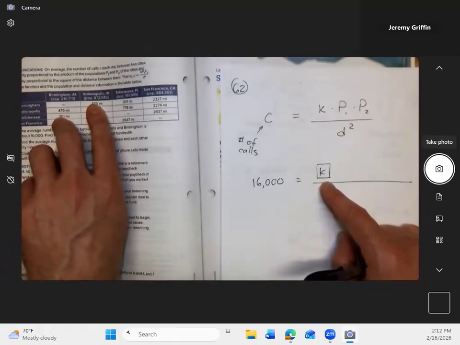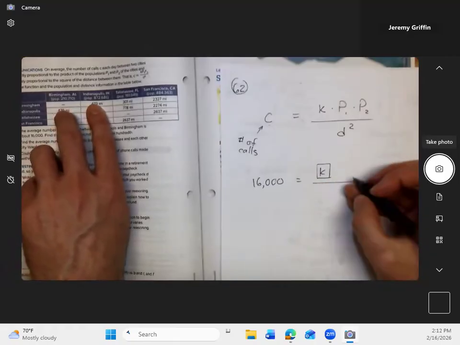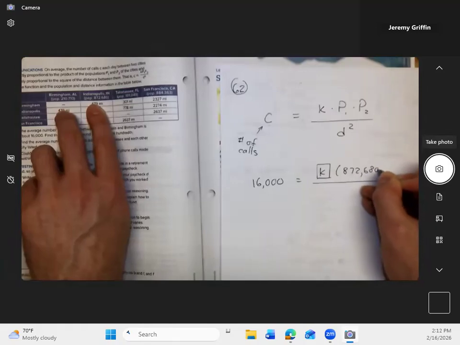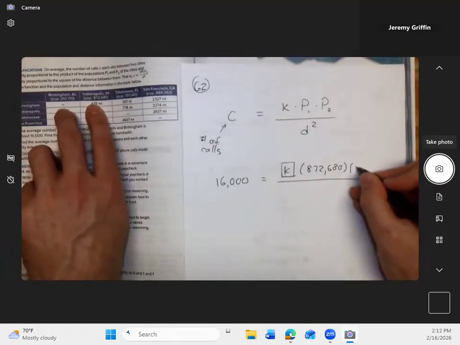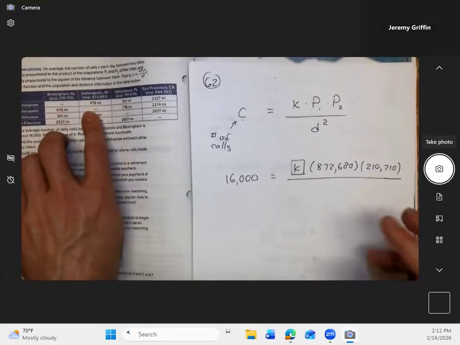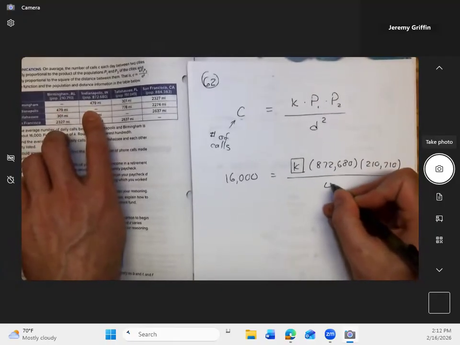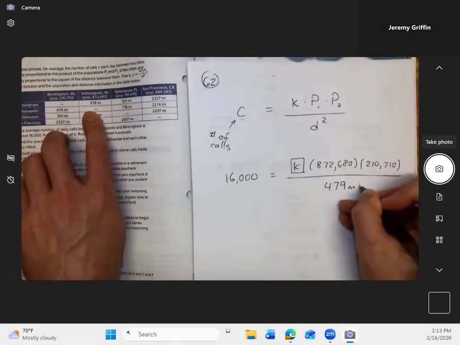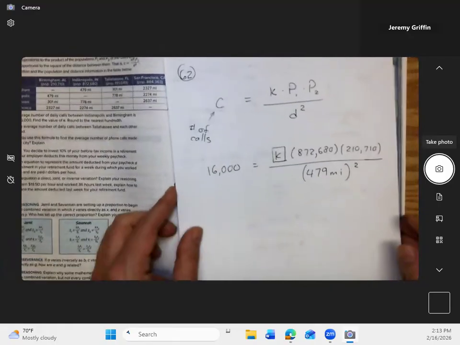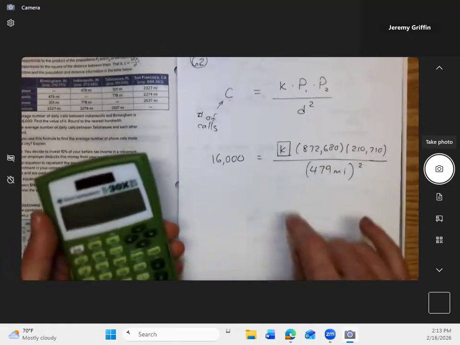Okay. And then population of Indianapolis is 872,680. Population of Birmingham is 210,710. The distance between those cities is 479 miles, but don't forget to also square that, because we got this inverse square relationship, right, between the number of calls and the distance.